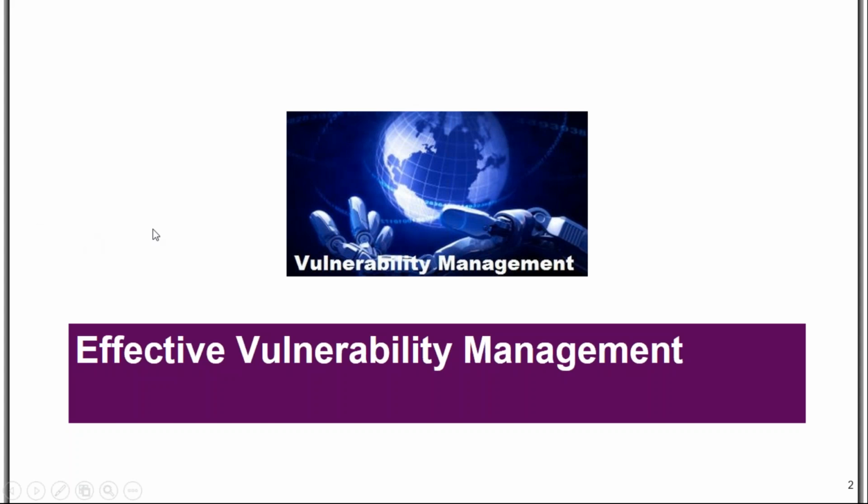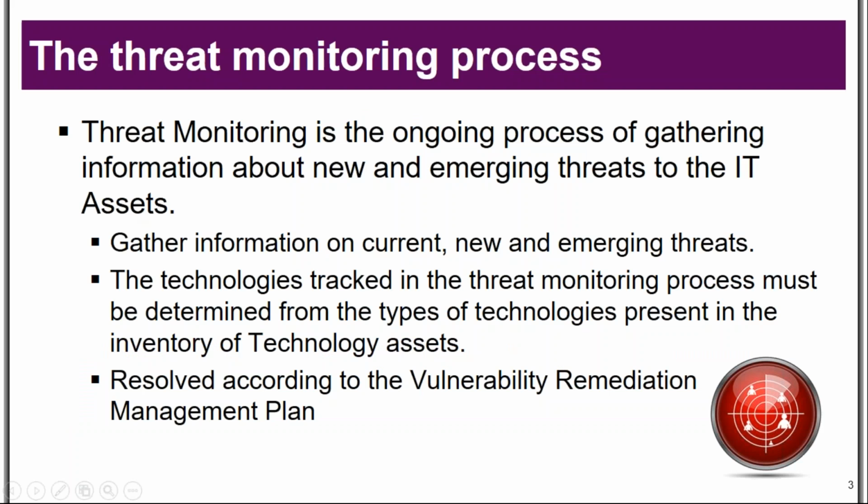So let's get into the 5 processes that you want to have in place. First thing you want to have is a threat monitoring process. Threat monitoring is the ongoing process of gathering information about new and emerging threats out there that could affect your IT assets, the different things you have in your organization. This is going to be different for every organization because it depends on your particular situation, your industry, and your needs.